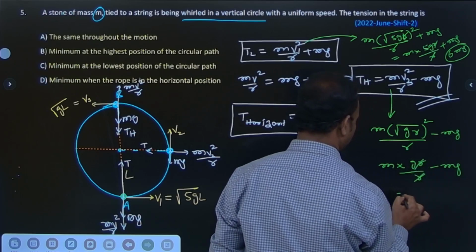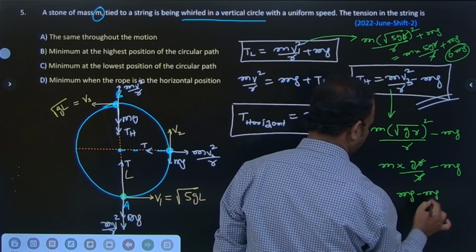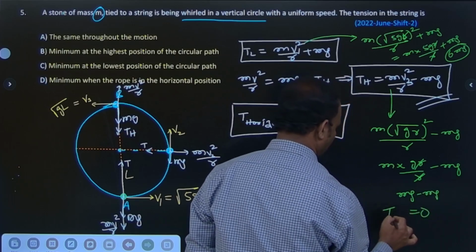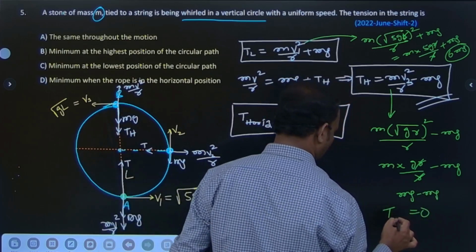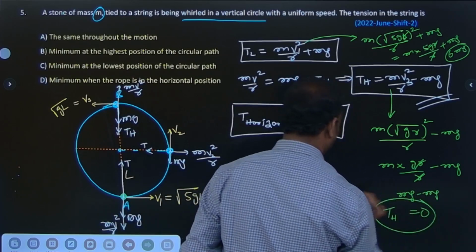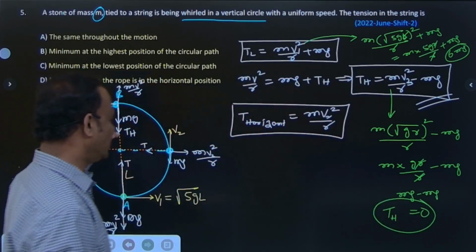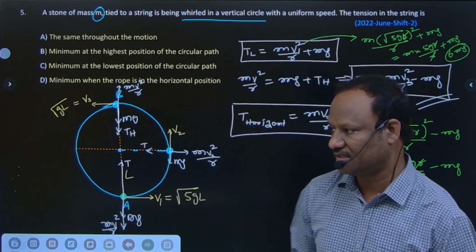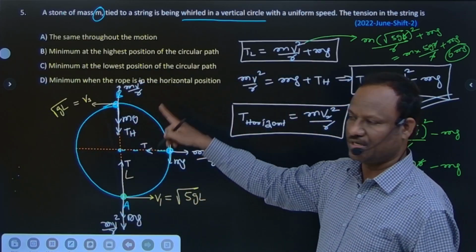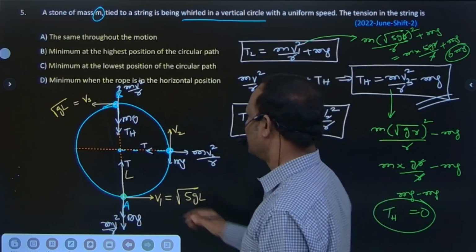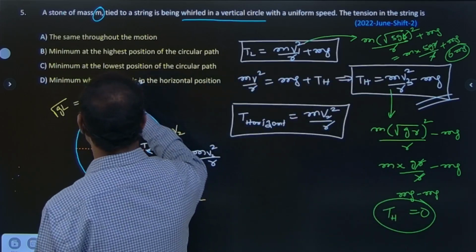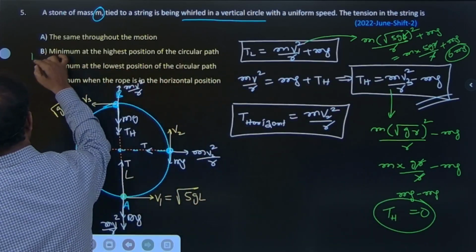R cancels, mg minus mg, so this is equal to 0. Tension at the highest point is 0. Yes. So from this, what you have to understand is that we can calculate the velocity at the highest point when we consider the tension at the highest point to be 0. So minimum at the highest point is the correct option.